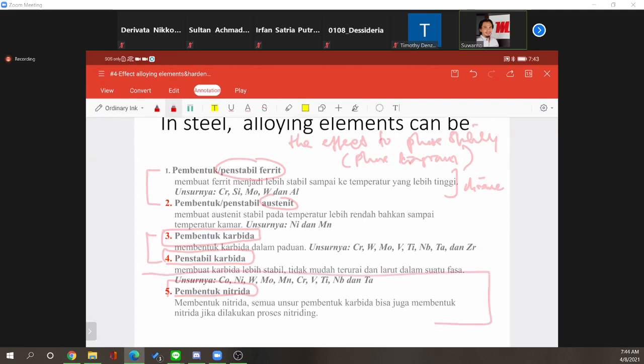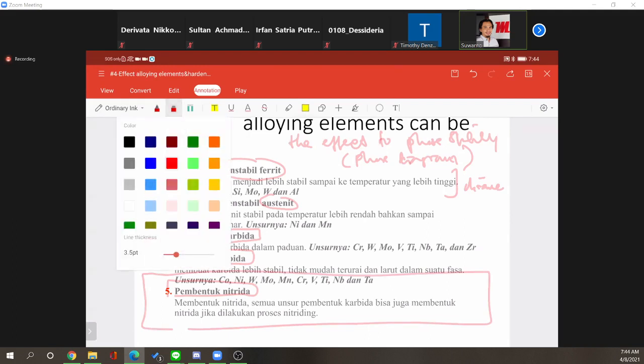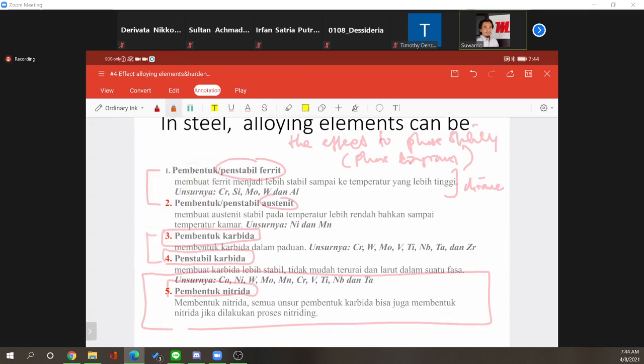It is something with another type of steel that contains nitride. So this is actually a different group. To make it easier for you to think of, I will divide it into groups. First, something that easily stabilizes ferrite, for example chromium, and something that stabilizes austenite, which is nickel and manganese.